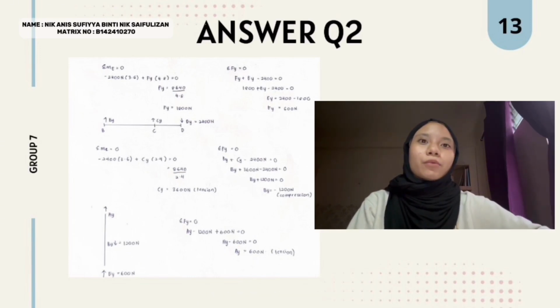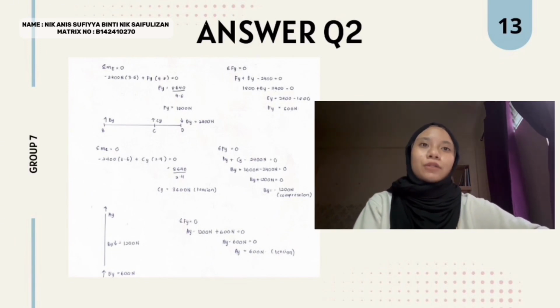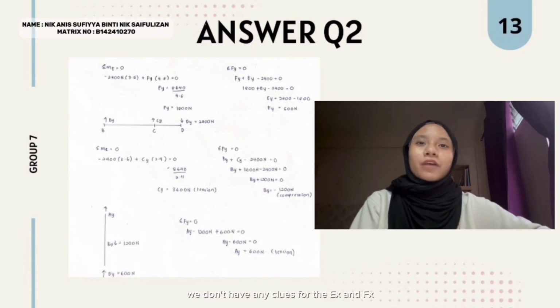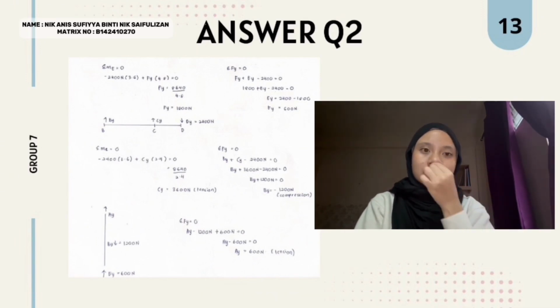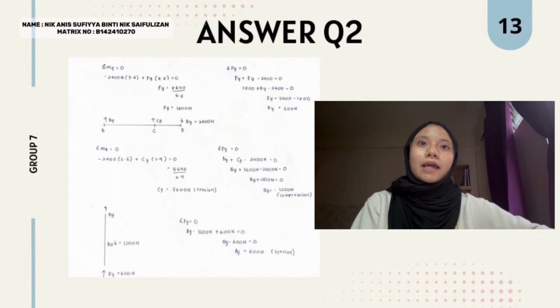So 1,800 plus Ey minus 2,400 equal to 0, and Ey is 600 Newton. Based on this question, we don't have any clue for Ex and Fx, the forces in the x-axis, so we will assume that Ex and Fx are equal to 0.